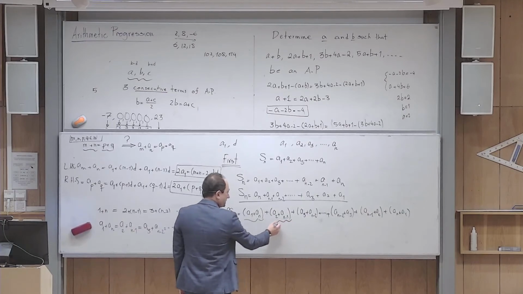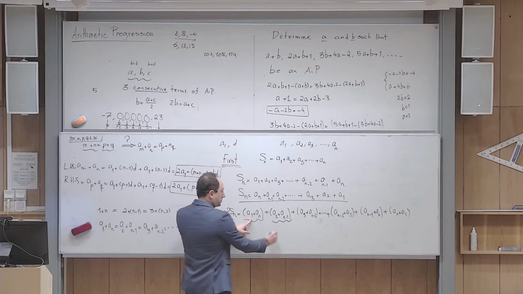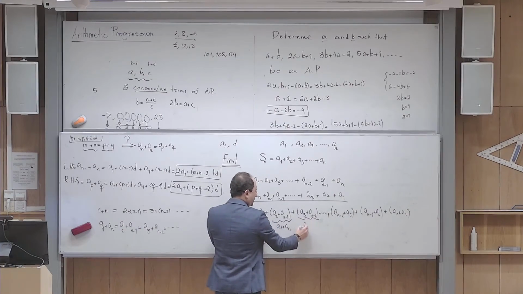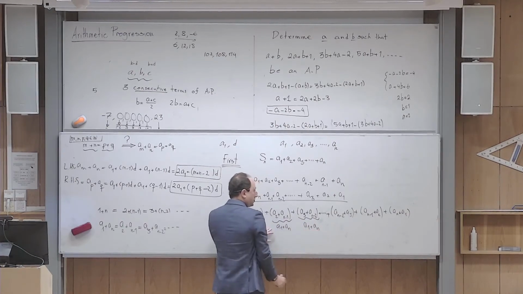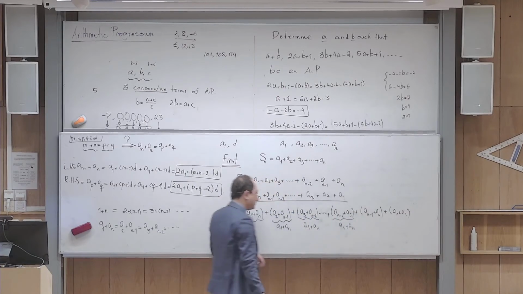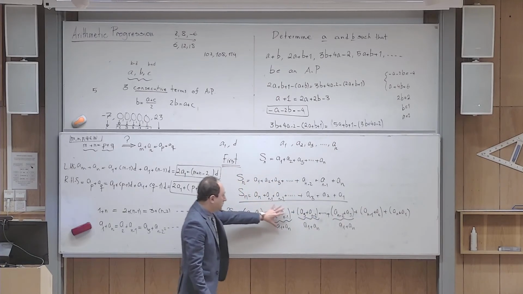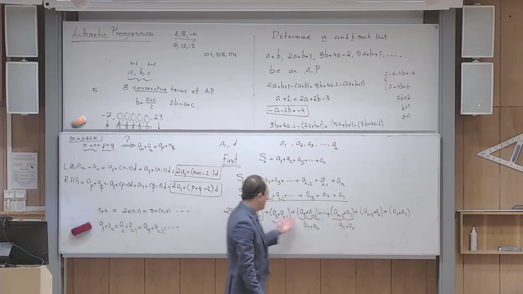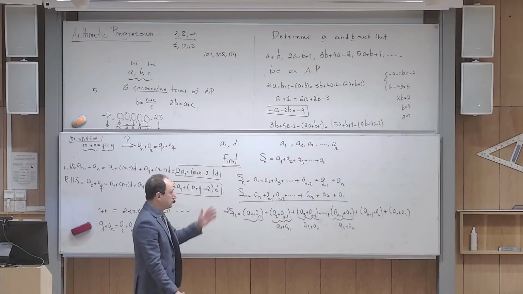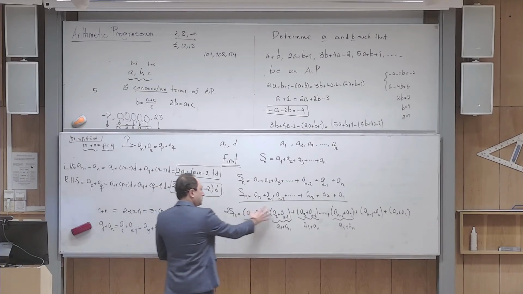It means that instead of this, I can write this. Instead of this, I can write this. Instead of this, I can write this, and it continues. So you see that all the contents are the same, even though they are apparently different, but all of them are the same. How many of them are there? How many of these terms we have?